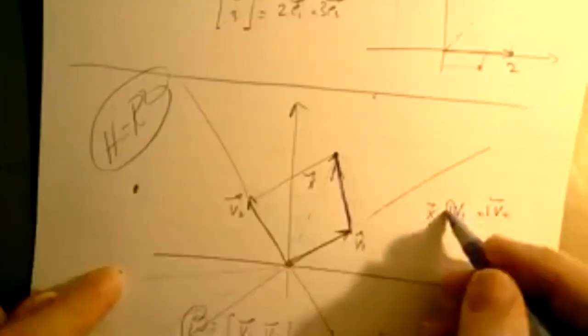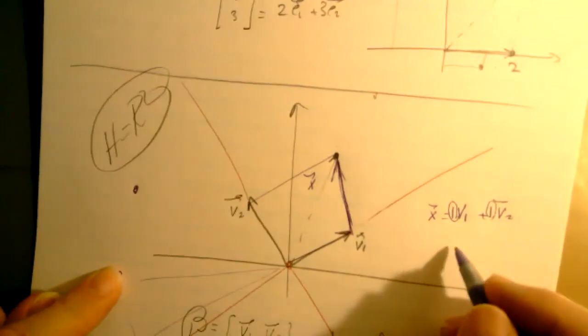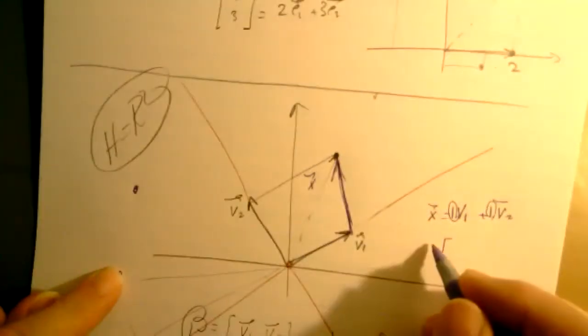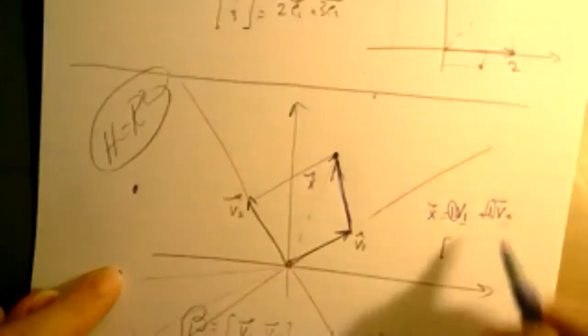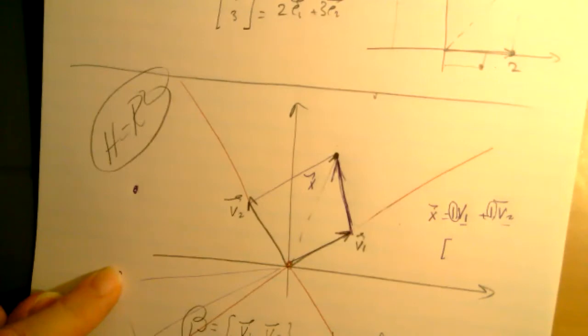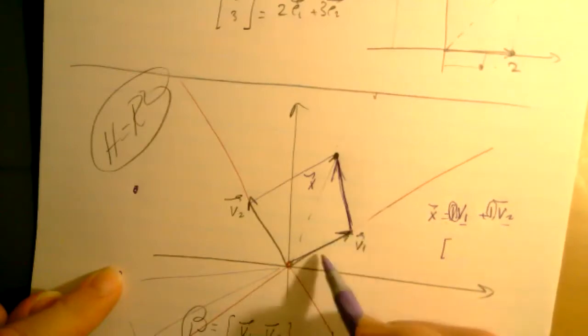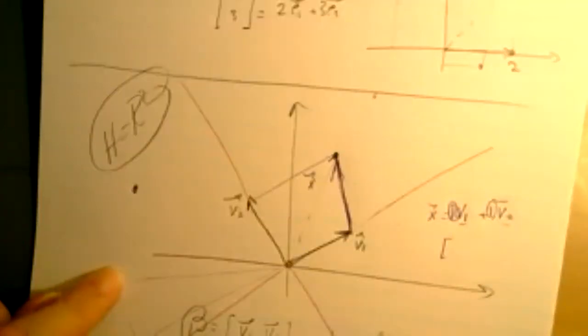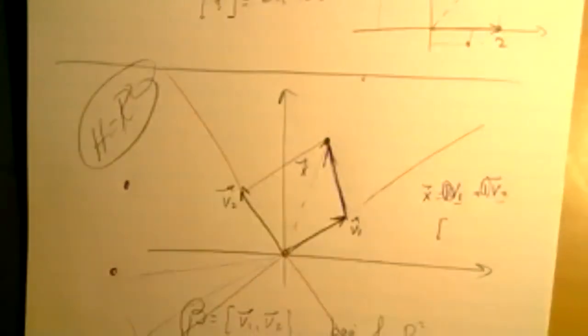We are gonna call those weights, 1 and 1, the coordinate of the vector X with respect to the basis V1, V2. So intuitively, the idea is the following.